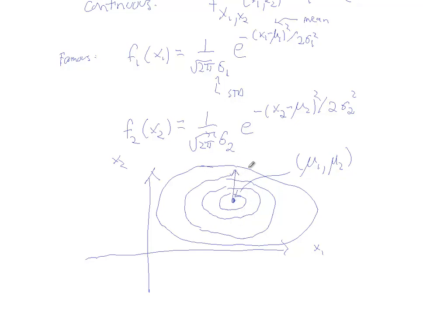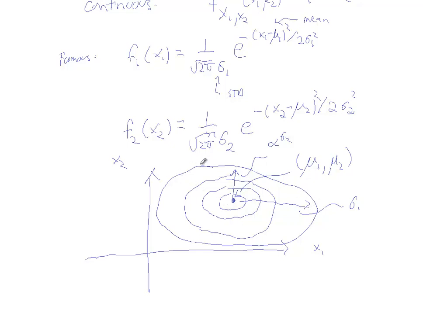For any ellipse, this axis here is proportional to sigma 2, and this axis is proportional to sigma 1. So if sigma 1, in this case, is big and sigma 2 is small, the bigger the sigma, the more spread out the distribution is.